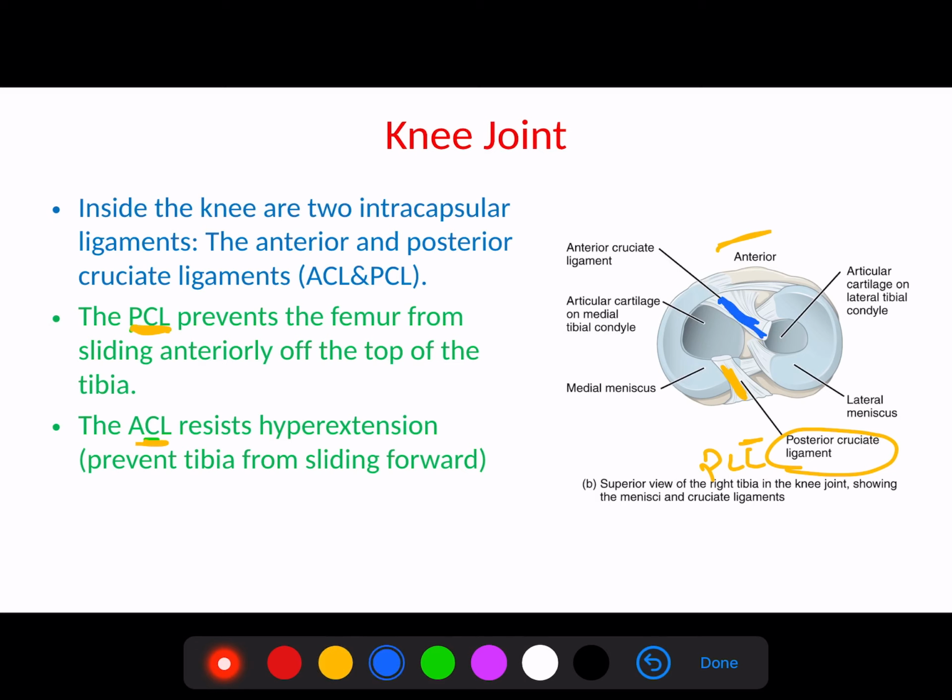Okay, now both of them are coming from the posterior side of the femur, but they are inserted on different areas of the tibia.